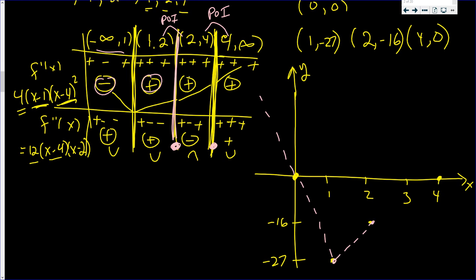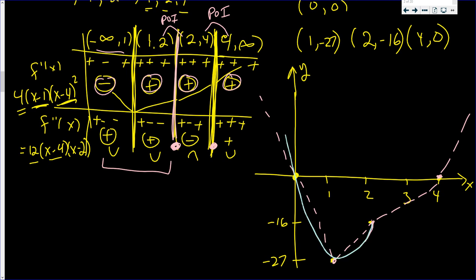And then from 2 to 4, I'm increasing still. But I have to cross here. And then after 4, I'm still increasing. Okay. Now we'll put the concavity in between negative infinity all the way up to 2. I am concave up. So I would draw it this way.